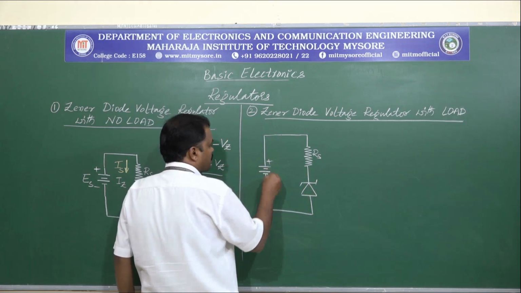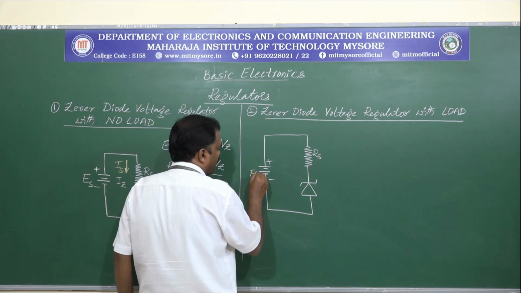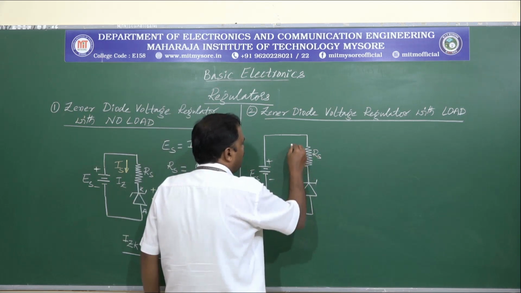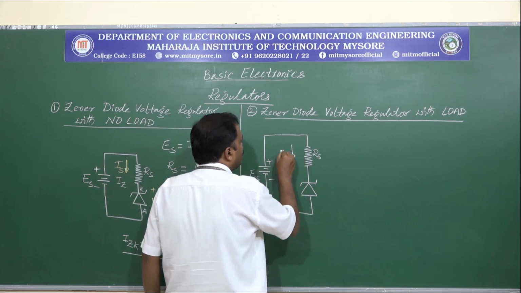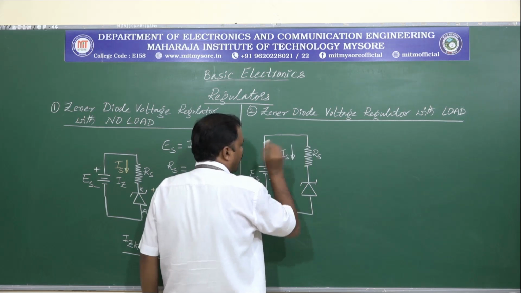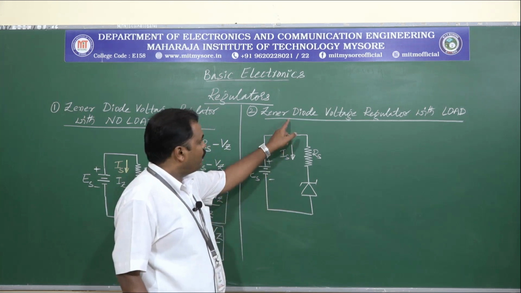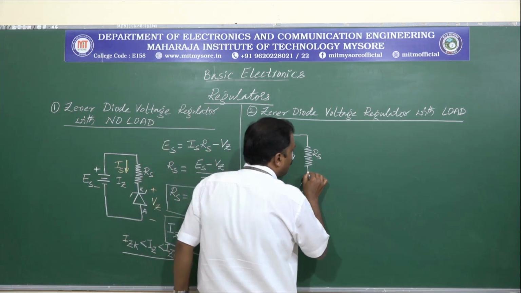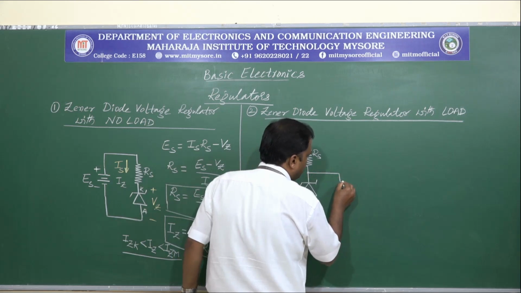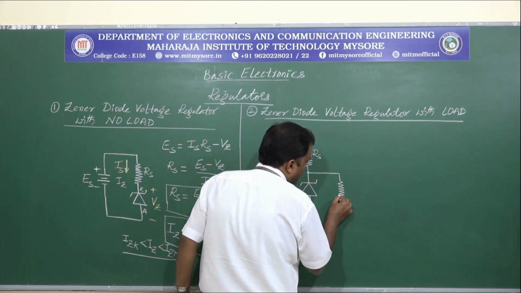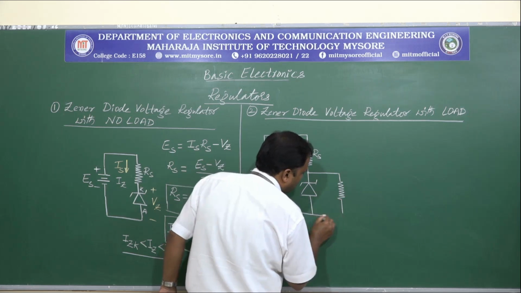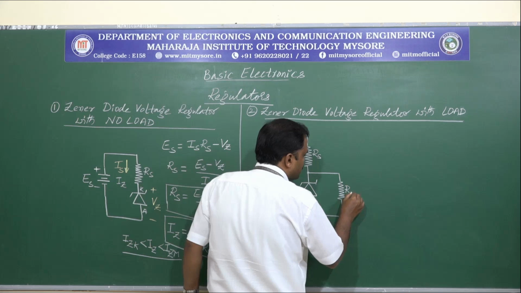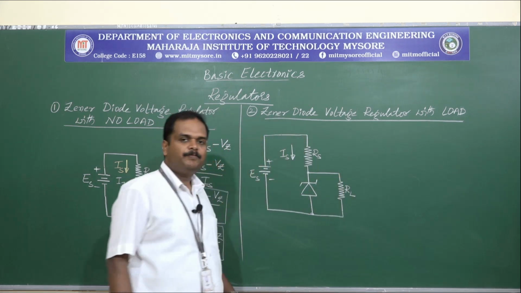So this is ES, this is RS, and here comes the circuit current IS. Now we need to consider a load, so let us connect a load across the Zener. So let us say this is RL.